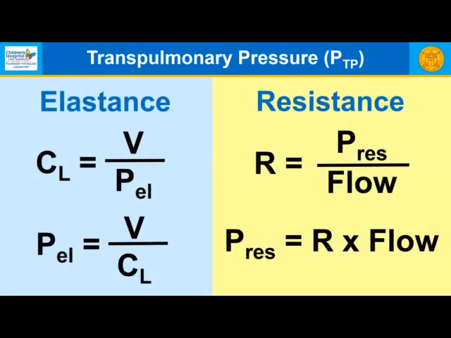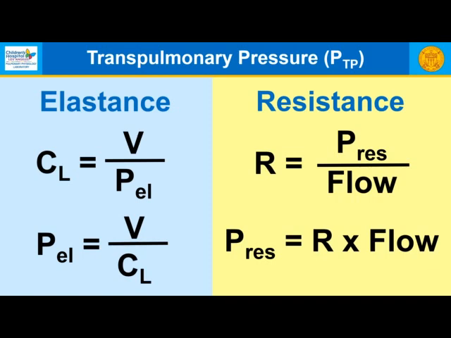Now, can we measure this, okay? So remember, compliance, all right, equals change in volume over change in pressure. So we can reconfigure and we can calculate the pressure required to overcome elastance as volume divided by compliance. Similarly, we know that resistance equals pressure difference across the tube over flow.